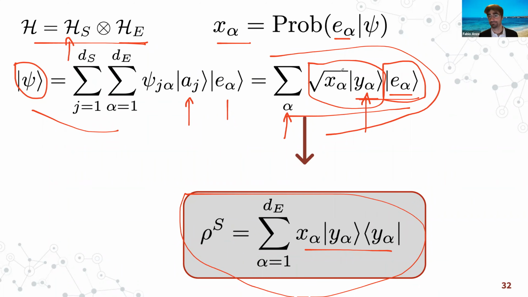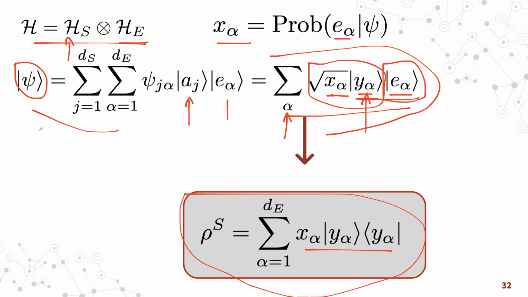But because of that, if you vary X alpha and Y alpha, you can essentially change psi and cover the whole set of pure states in the global Hilbert space. So it's essentially reversing that perspective and saying, I want to be able to talk about purifications and ensembles so that they are different, but they give me the same density matrix.